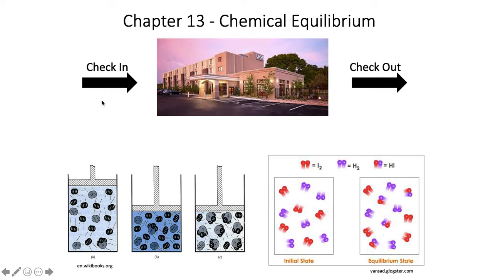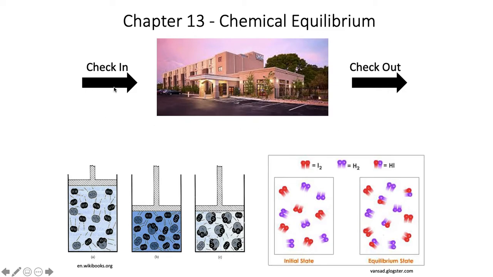If, during a day, we look at a hotel, we have a certain number of people checking in, and then we have a certain number of people checking out. So the number of people in the hotel at any given time depends on the number that check in and the number that check out.